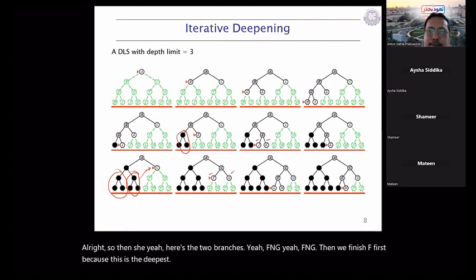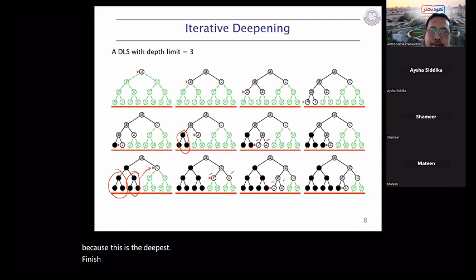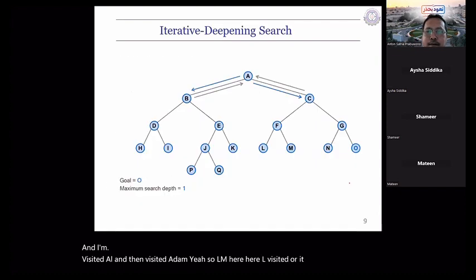F has L and M as branches; we visit L and then M.